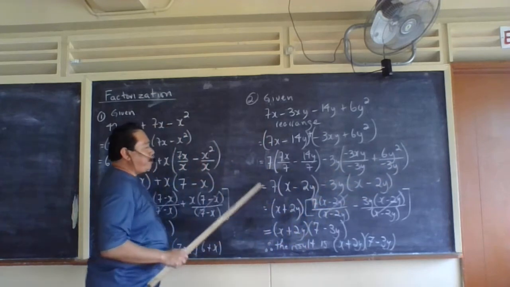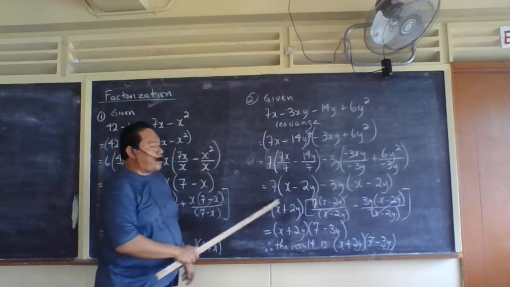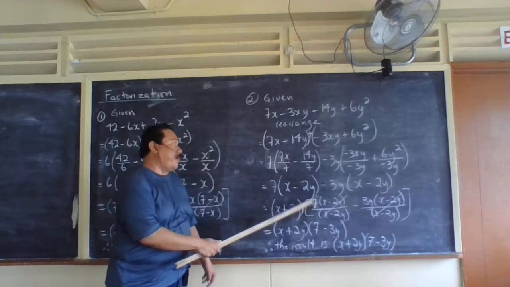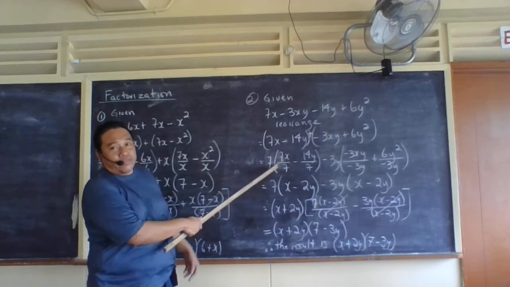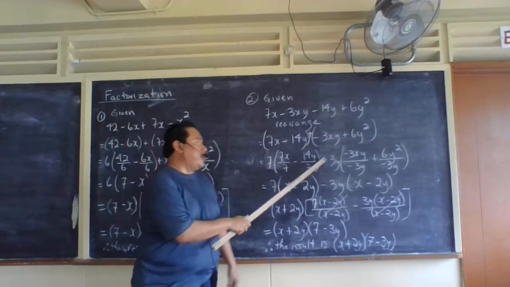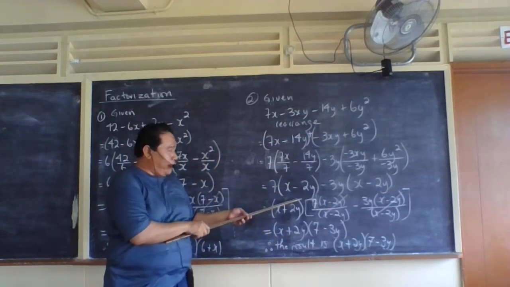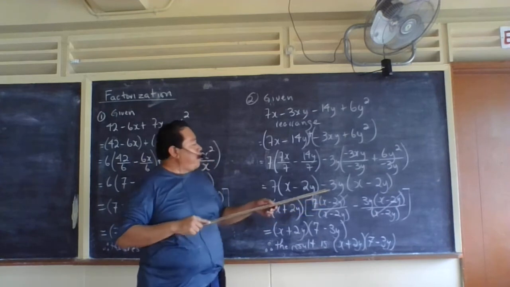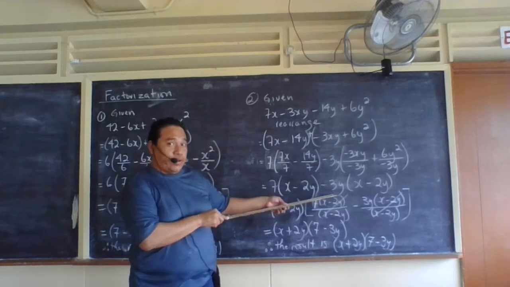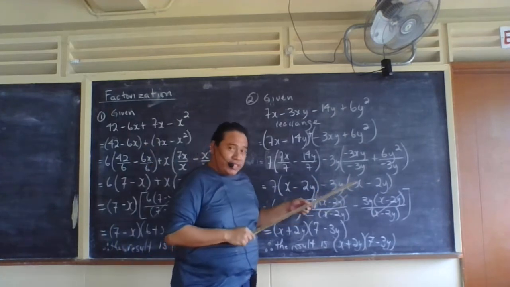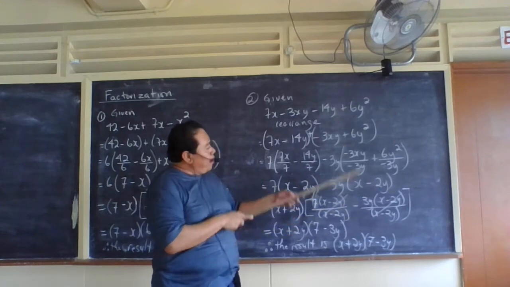So my next step equals 7 open bracket x minus 2y, because 7x divided by 7 is x and 14y divided by 7 is 2y. But remember to keep the negative. Close the bracket. Minus 3y, here's where things get interesting. Open bracket.